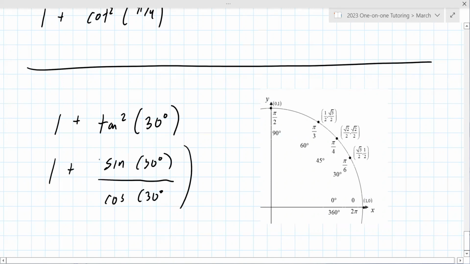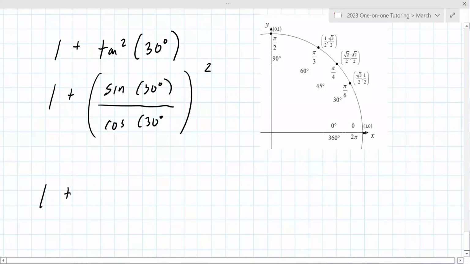So you've got to go to your unit circle and grab those values. What is the sine of 30 degrees? 1/2. Cosine of 30? Square root of 3 over 2. Good. And then you square this.